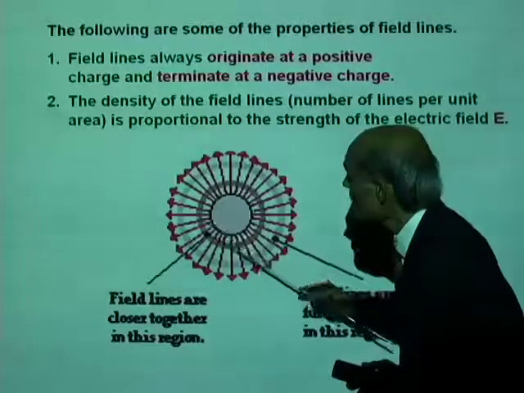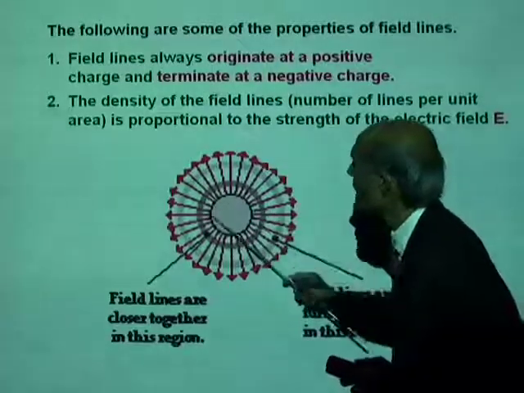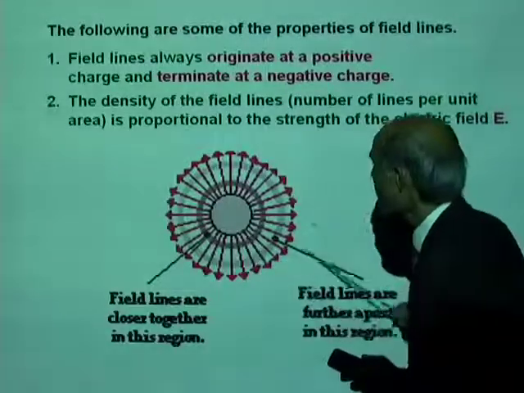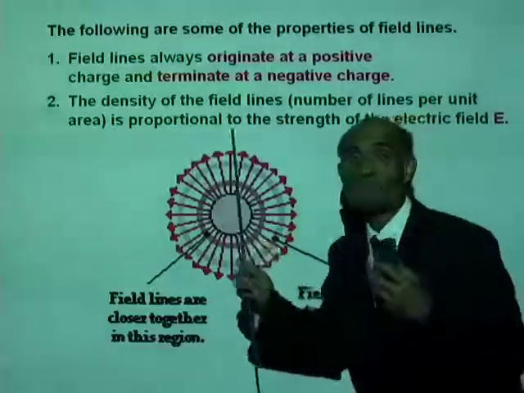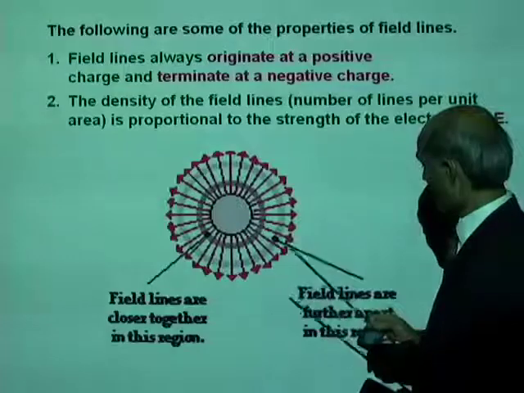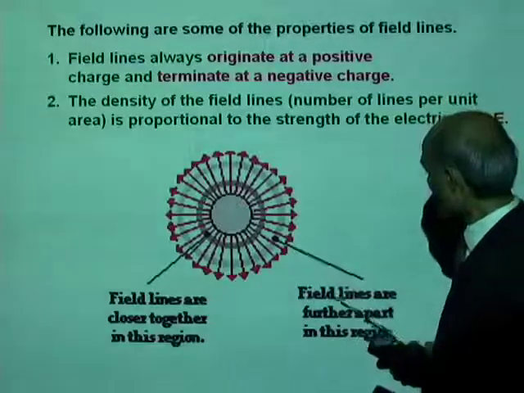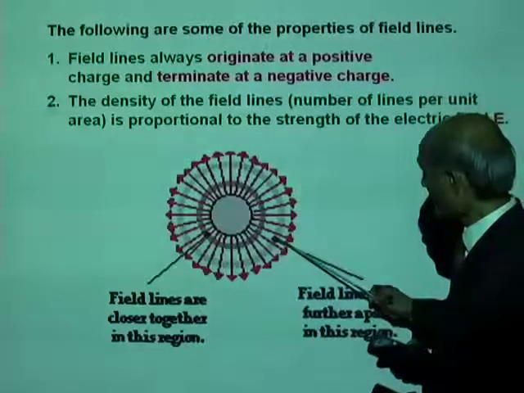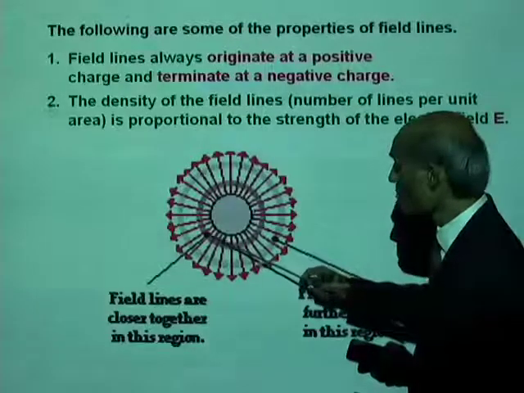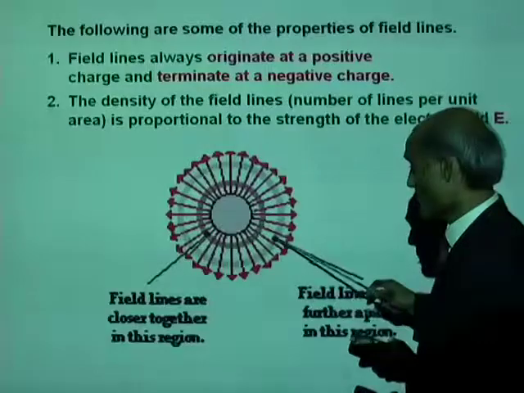The field lines are very close to each other there. As you move away, the field lines get more and more separated. That means the field becomes weaker. Alright? The field lines are farther apart here than here. Therefore, the strength of the field is much greater here than here.